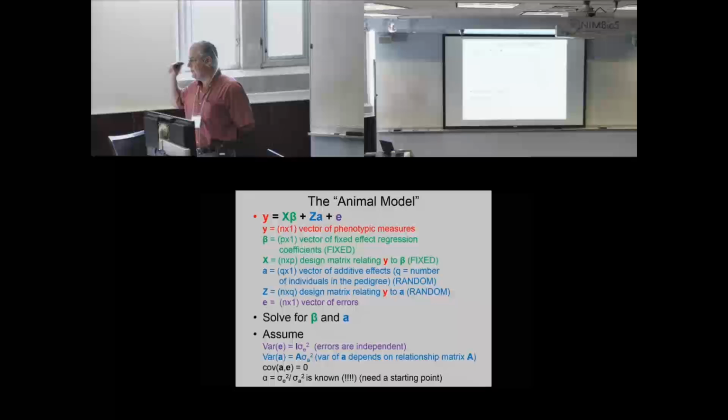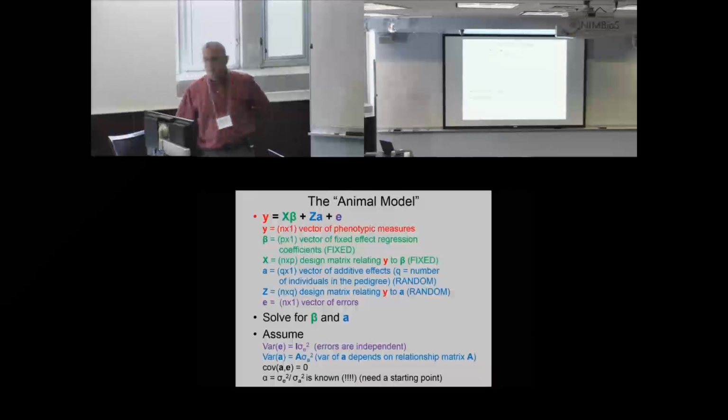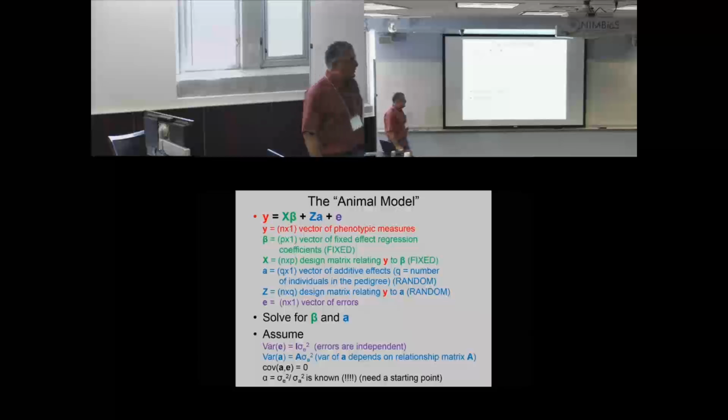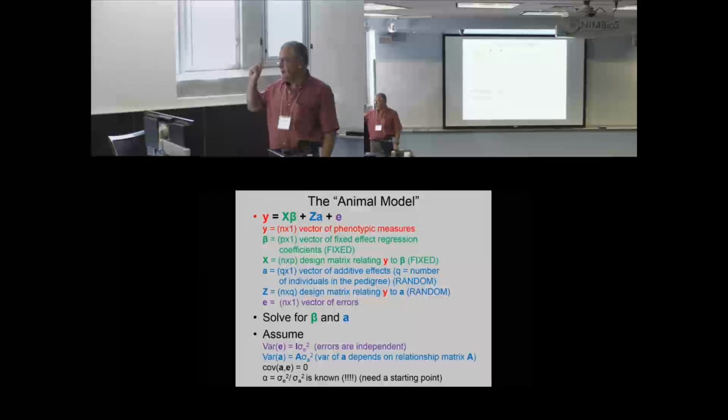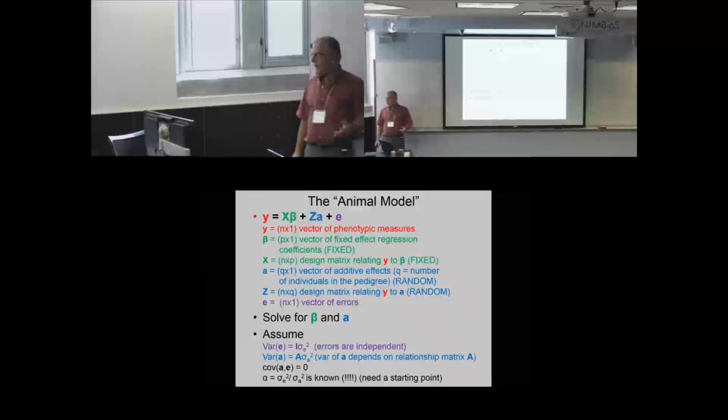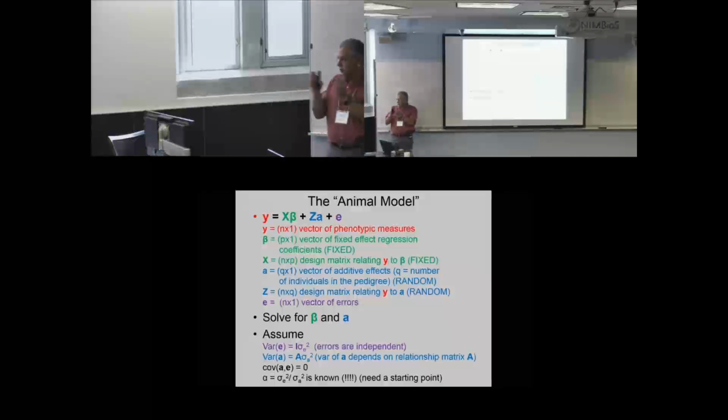It asks for specific values of E and A, and if you're only working on a univariate trait, you only need one value of A and one value of E. If you're working a multivariate problem, you have to estimate not only the variances of each of the traits, but the covariances between them.